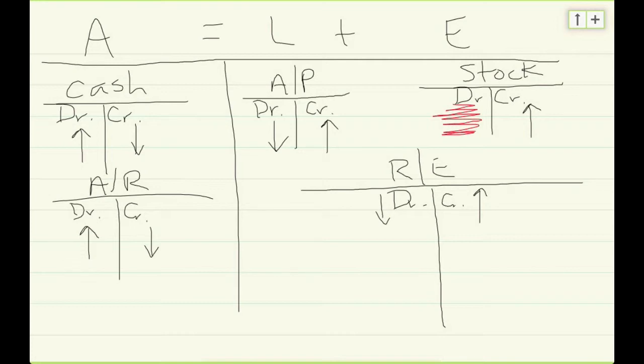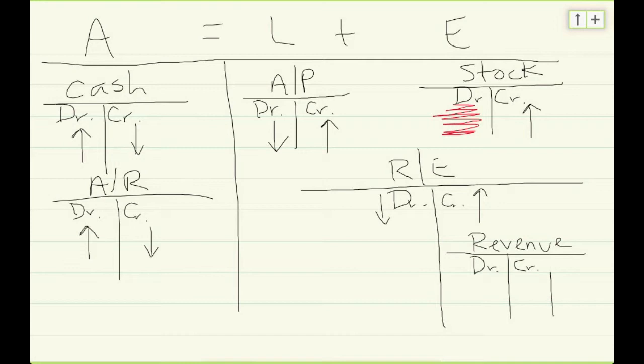So over here on the credit side, I'm going to create an account, and I'm going to call it revenue. So that's generically referring to any type of revenue account, sales, fees earned, any type of revenue account we might have. Okay, and same story, debit is on the left, credit is on the right, and revenue accounts go up with a credit.